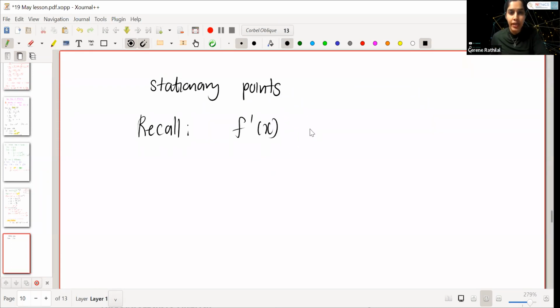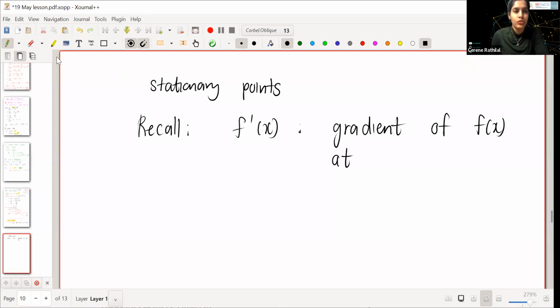Remember, f prime of x represents the slope or the gradient of f of x, of the function, at a point. So for example, if I said f prime at a, then it would be the gradient of the function f at x equals a. So that's what this f prime is doing.